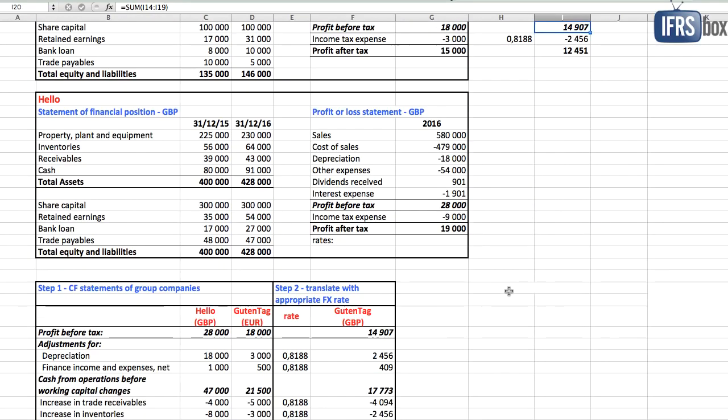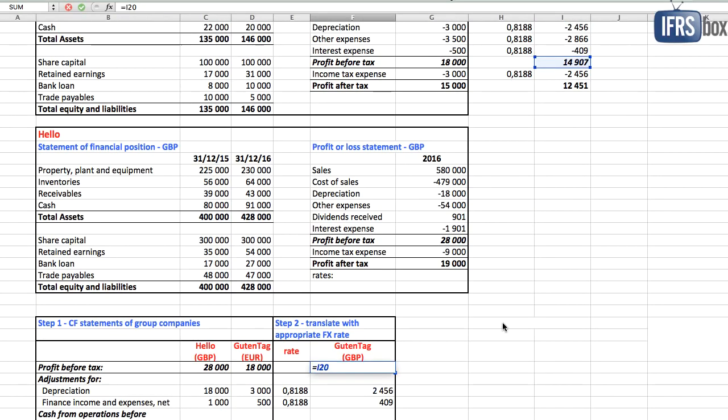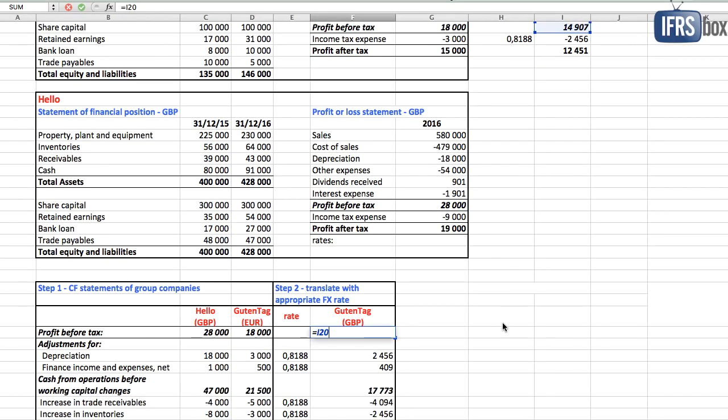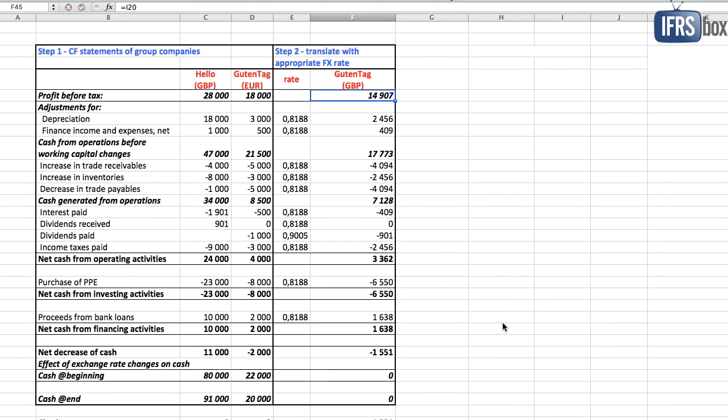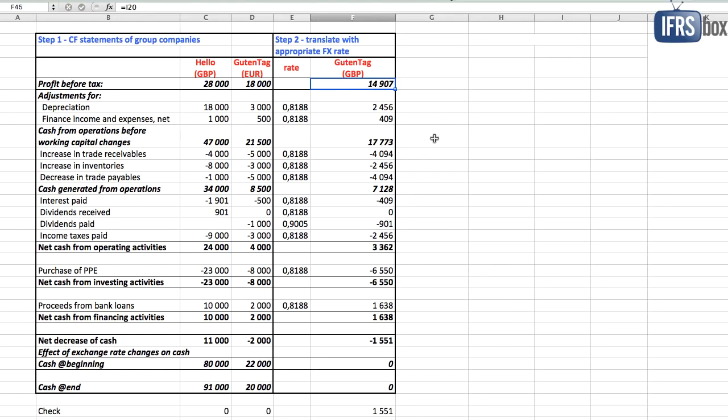Then Gutentag's profit for the year is just calculated from British pounds numbers, and it is brought to the statement of cash flows. So no rate is applied in the statement of cash flows. It is taken from the individual statement of profit or loss translated to British pounds.